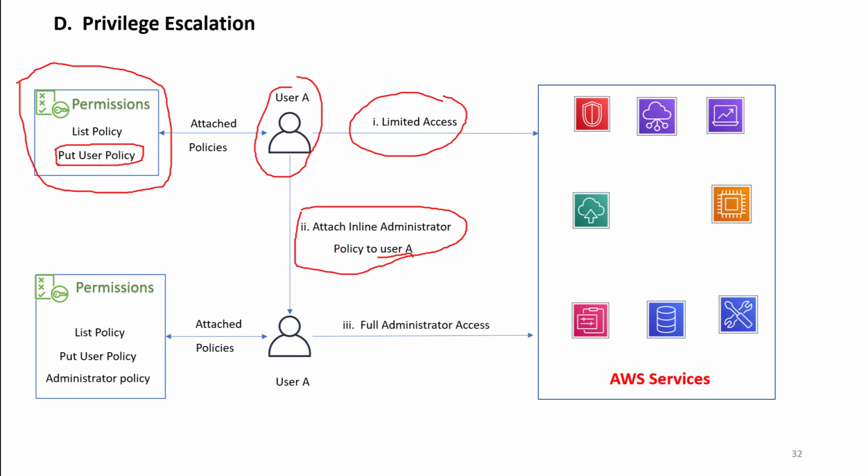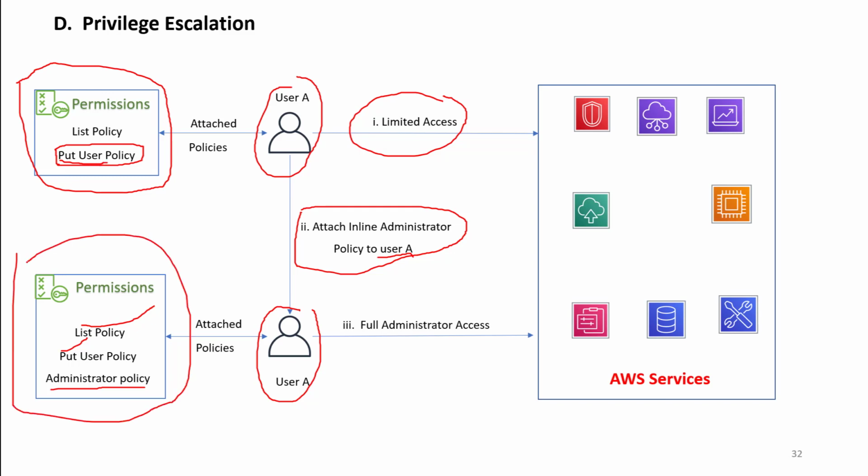Now if this user embedded this policy to user A, user A has these three permissions. The first one is list policy, the second one is put policy, and the third one is administrator policy, which he embedded via the rights of put user policy permission. So these are the permissions attached to this user.